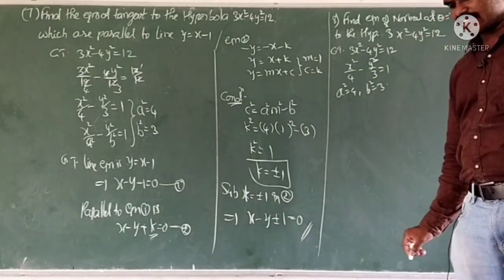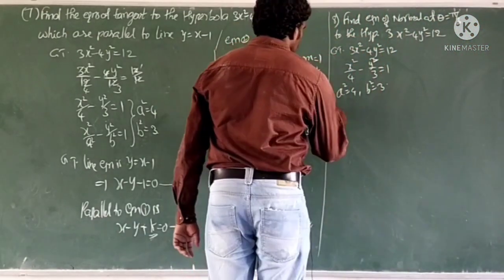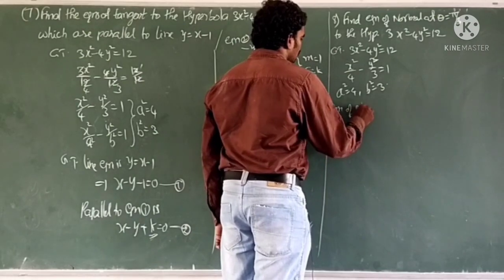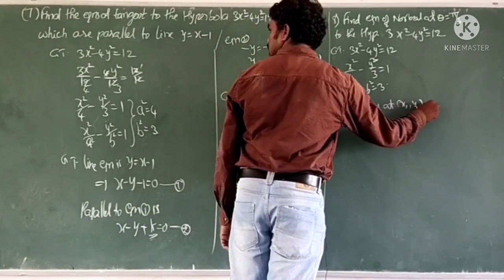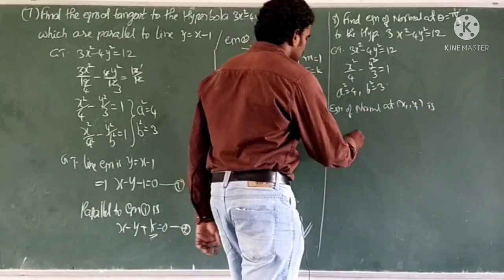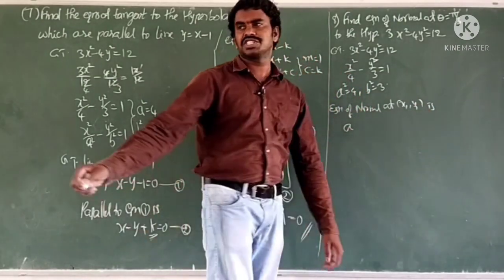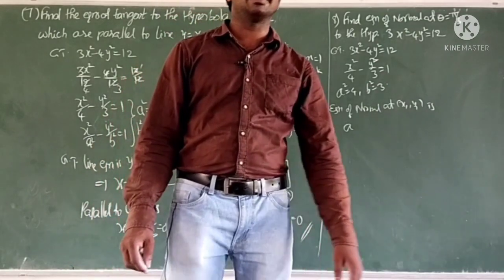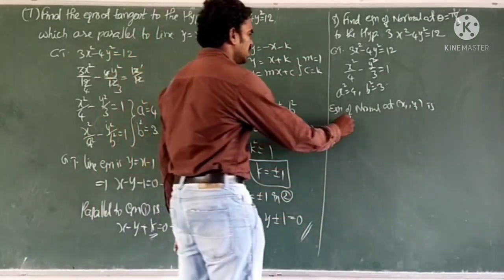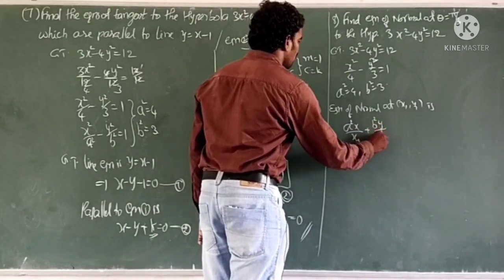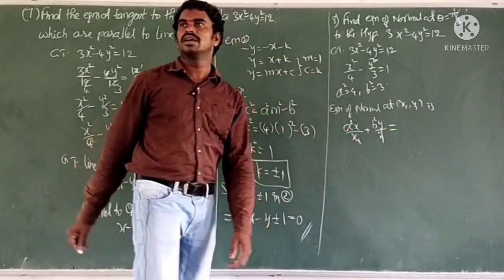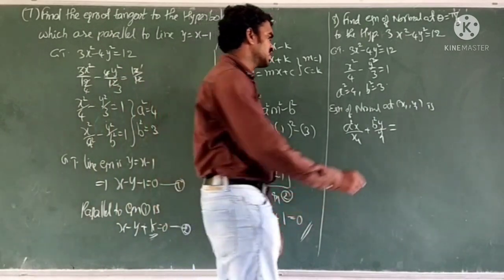Now what is the normal equation? The equation of normal at x1 comma y1 is a square x by x1 plus b square y by y1 is equal to a square plus b square.